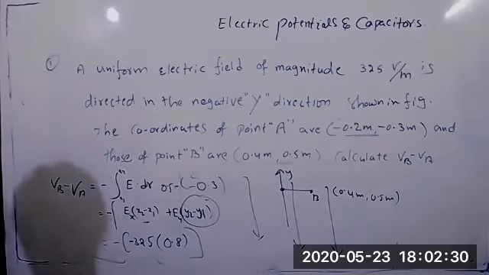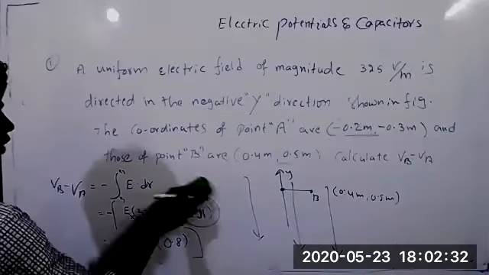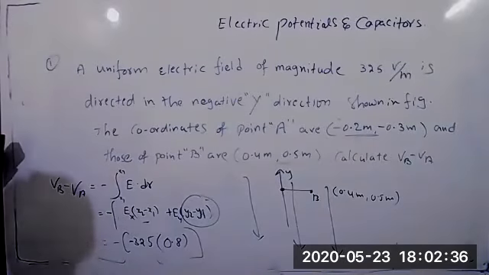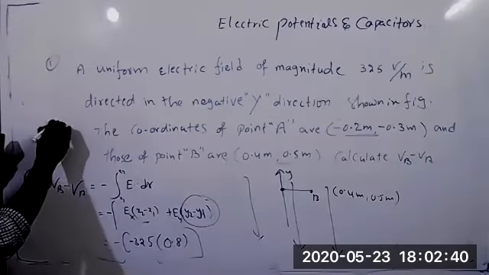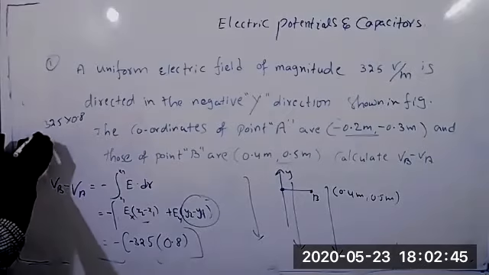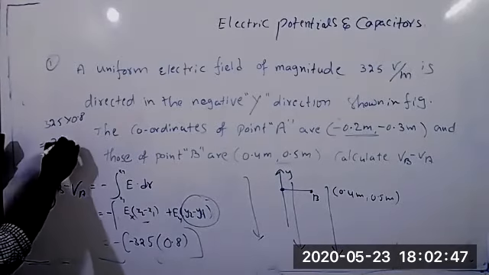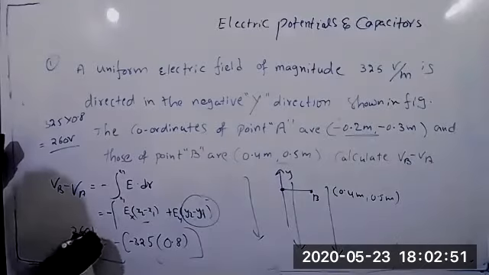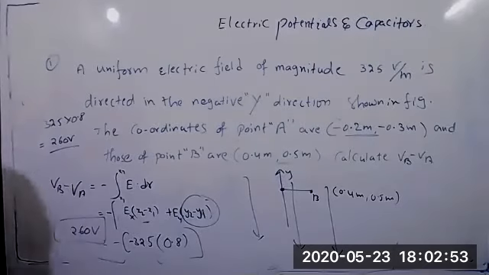They asked only for the Y direction, and they have given it along the Y direction. That is the reason. So how much will you get? Minus 325 into 0.8. 260, sir. So the answer is 260 volts. Just remember that.